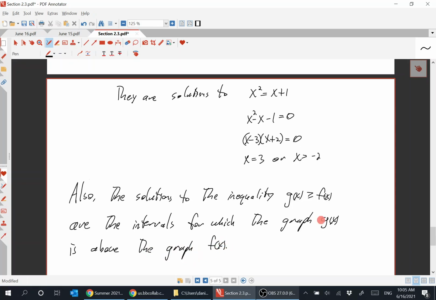The graph y equals g of x is above the graph y equals f of x.